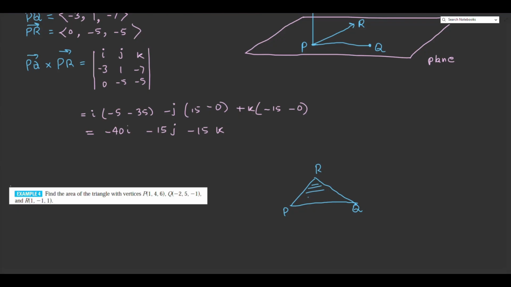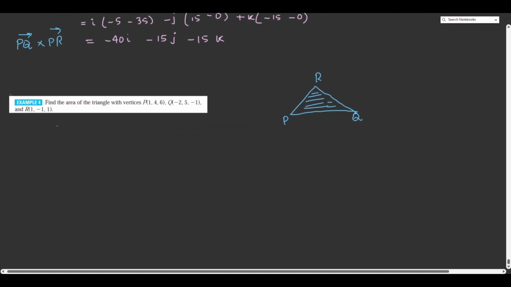We need to find the area of the triangle which is formed by these three points. We already have this vector from the above question, PQ cross PR. First of all, you need to find the magnitude of this vector.